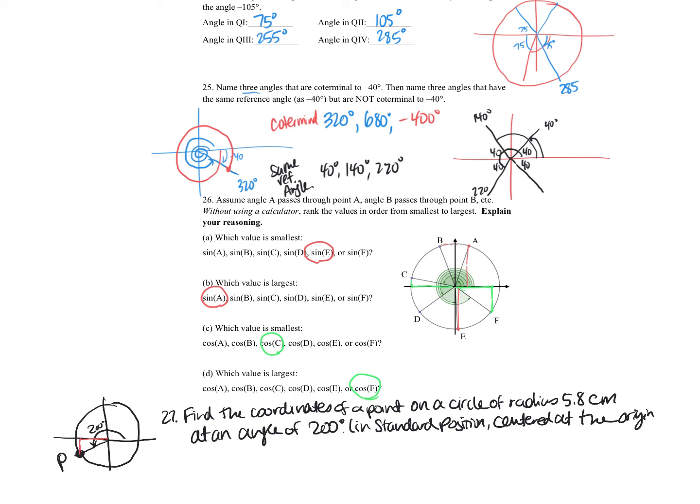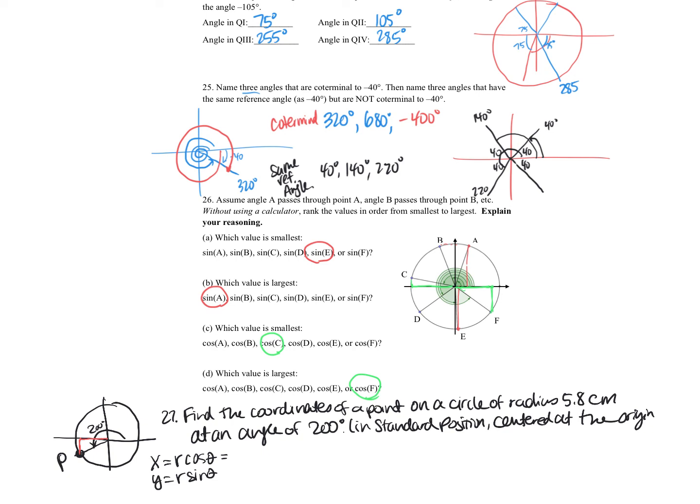So we can expect that both coordinates will be negative. The other thing is that we know that x is going to be r cosine theta, and y is going to be r sine theta. So we can go ahead and plug in those values.